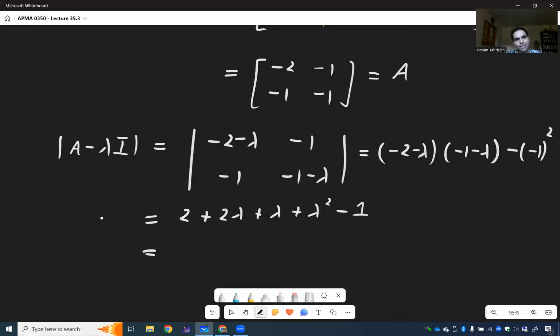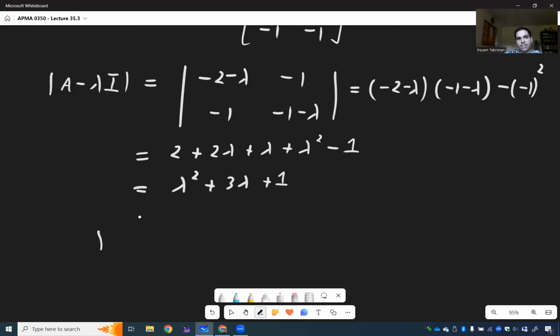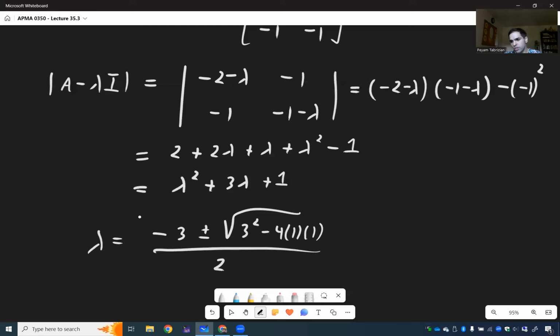Took me 3 tries to do that correctly. And that's lambda squared plus 3 lambda plus 1. And here I would say it's easiest to use the quadratic formula. So lambda is minus 3 plus or minus the square root of 3 squared minus 4 times 1 times 1, over 2. And that becomes minus 3 plus or minus the square root of 5, over 2.